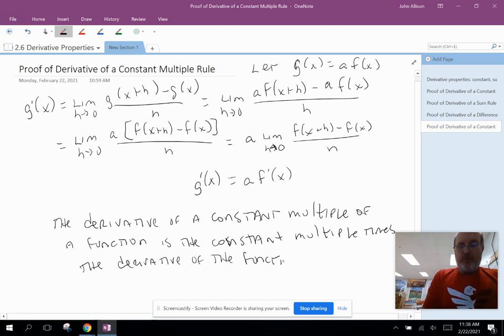And those are the rules covered in section 2.6 of the AP Calculus curriculum.